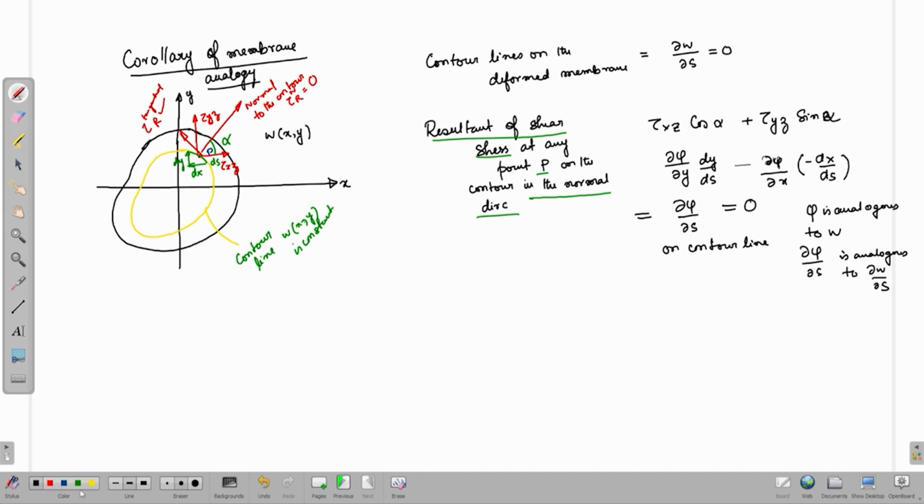Now, let us find out the resultant shear stress at P in the tangential direction. The same point, the same contour, I am just finding out the resultant in the tangential direction.